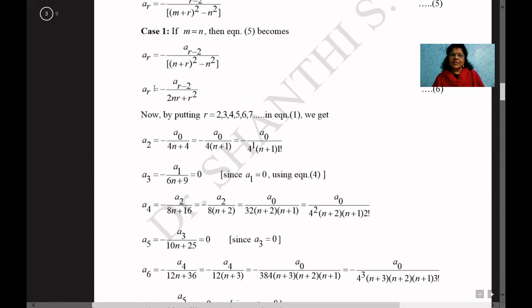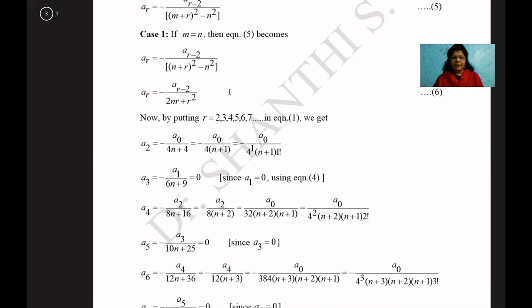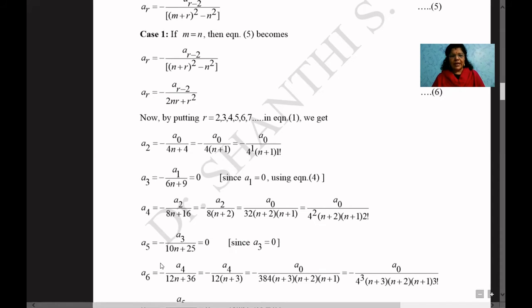So if this is even, this will be even. If this is odd, this will be odd. Since odd term a1 is 0, a1 is 0 means a3 will be 0. If a3 is 0, a5 will be 0. If a5 is 0, a7 will be 0. So all the odd terms of a will be equal to 0. So it is enough to find the even terms only.